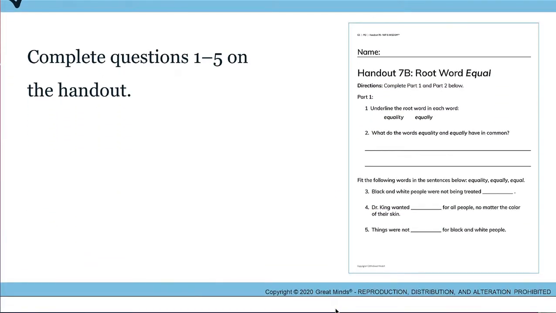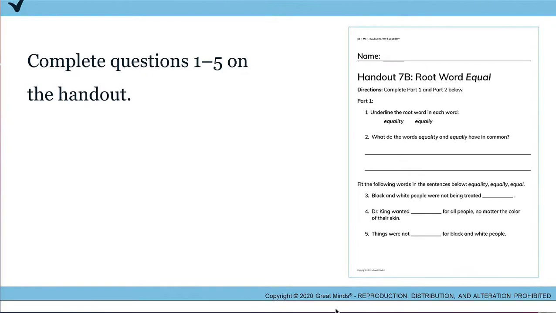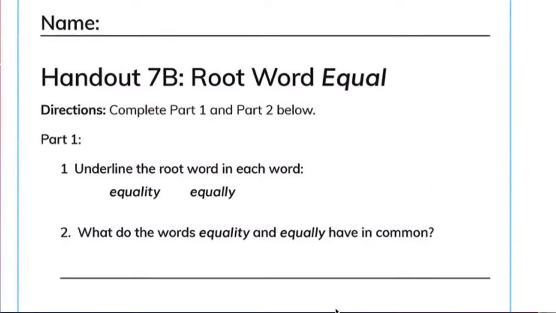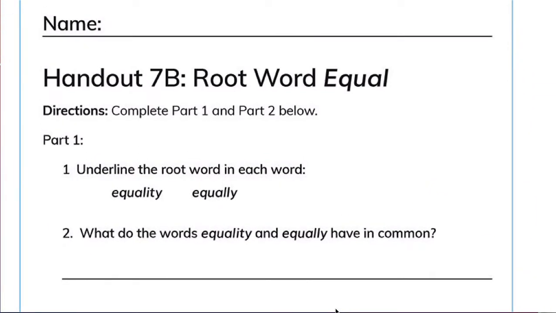Because next up, we're going to our blue books, and we're going to find the page that says handout 7B, root word equal. So on this page, we're going to answer these 5 questions. Let's read the directions.